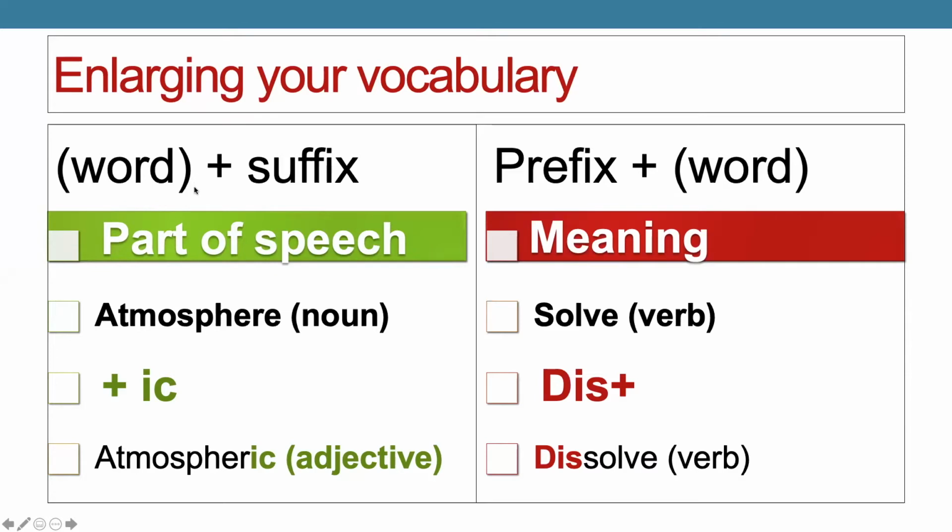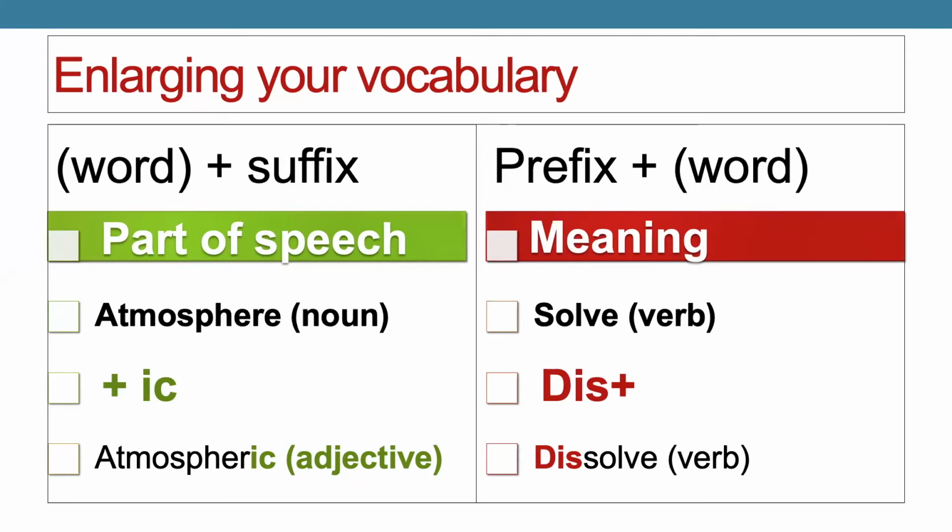How does this work? Okay, let's see the general way this works. So you have a word, any word, well, not any, almost any word, and then you add a suffix, un sufijo. You know suffixes from your literature and your Spanish classes.